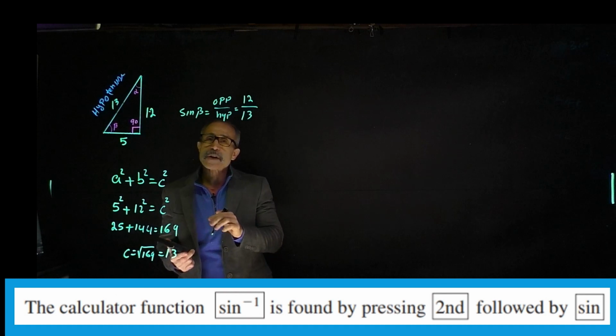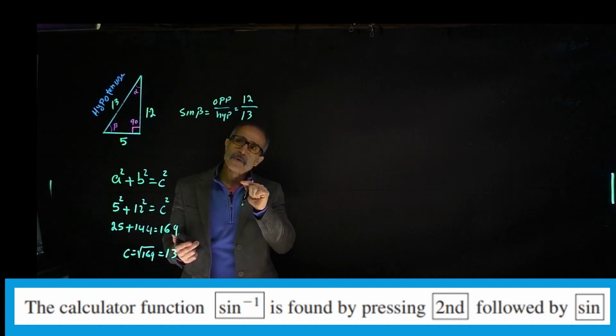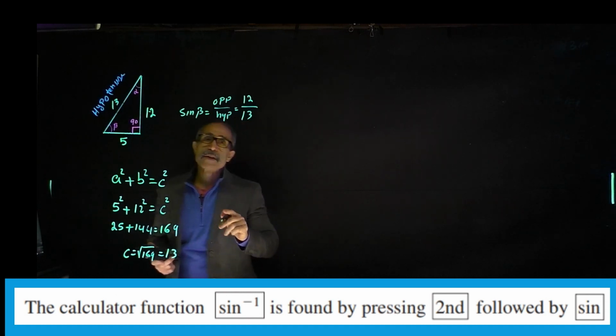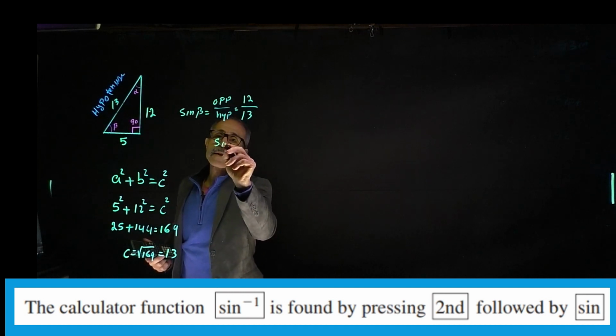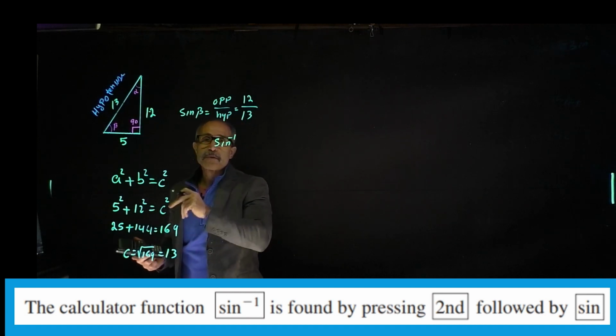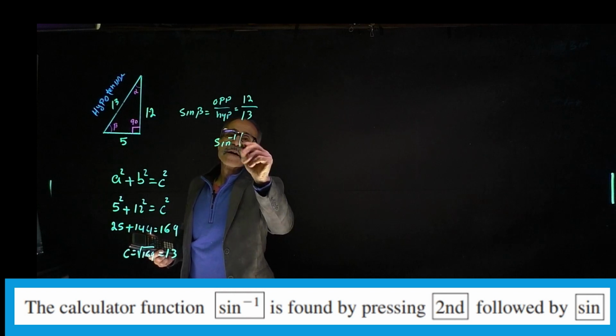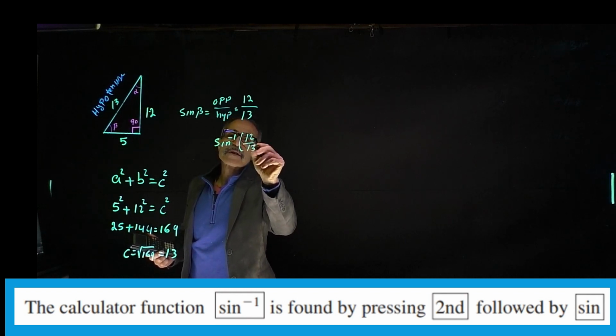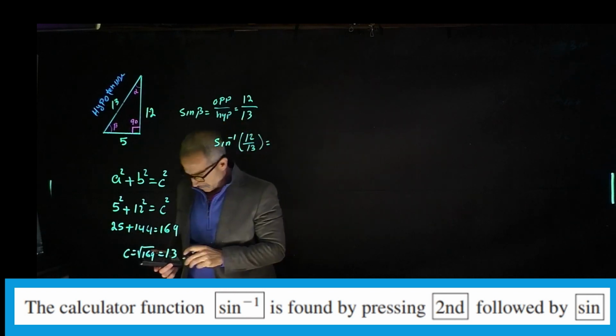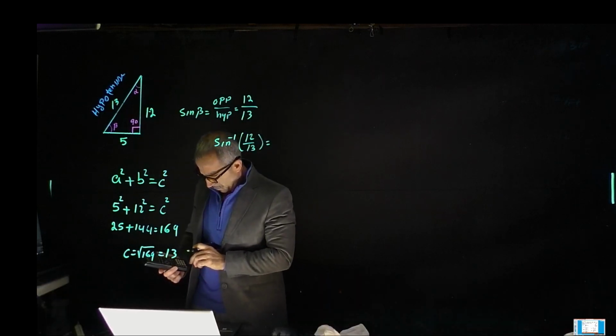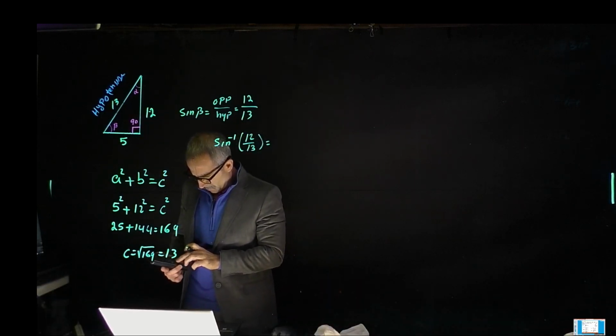To get to that, you push second and then sine. So I'm going to say sine inverse of 12 divided by 13, and let's see what we get.